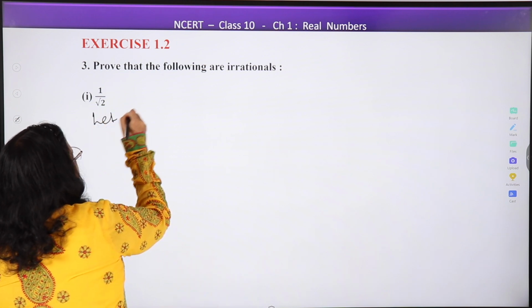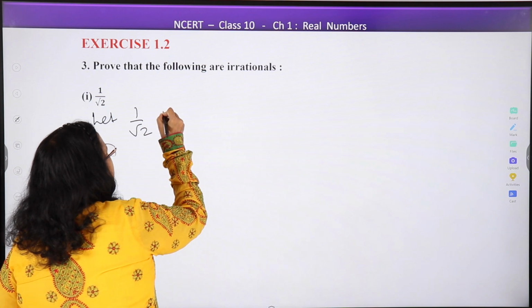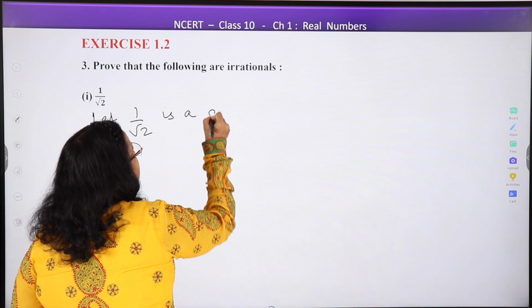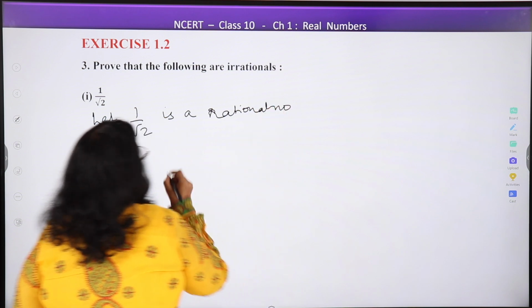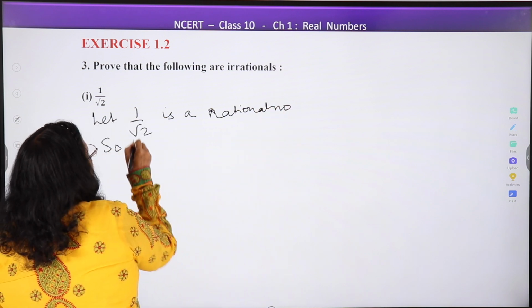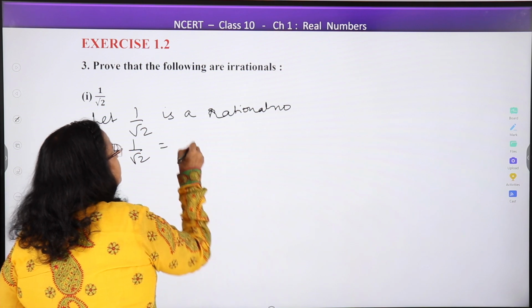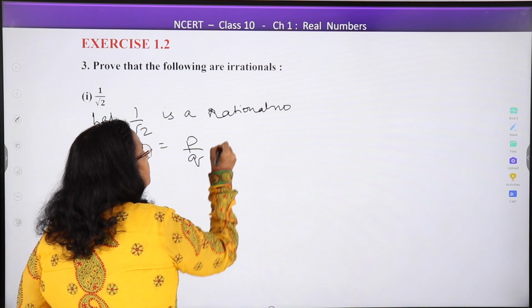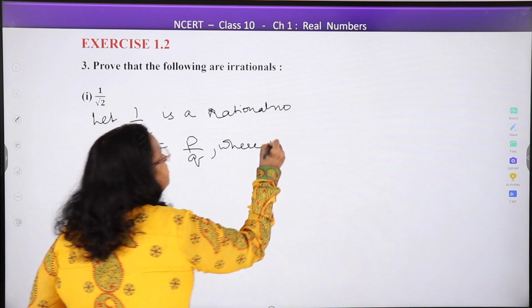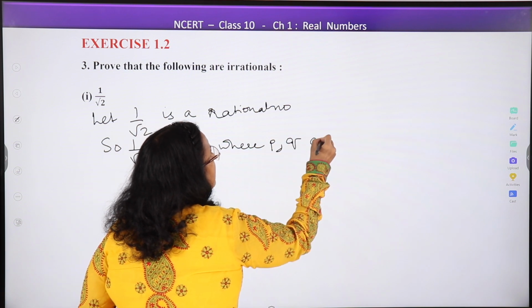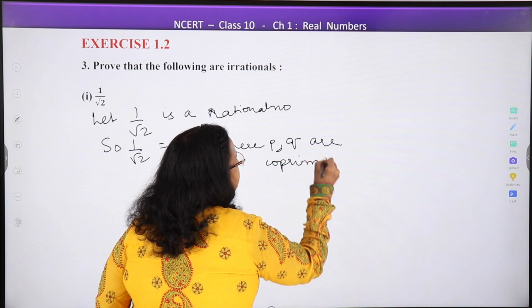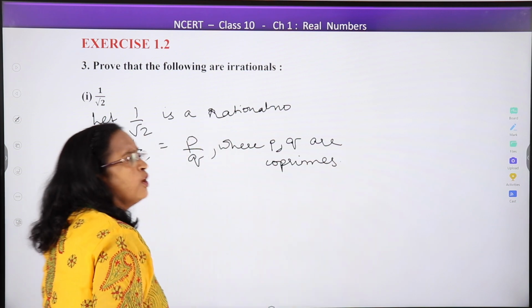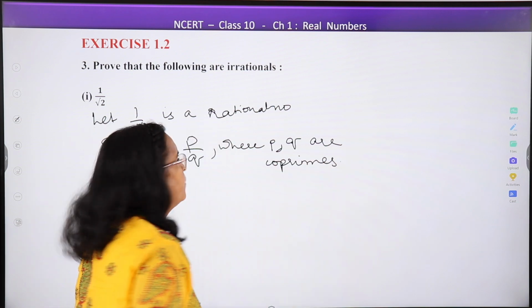Let 1 by root 2 be a rational number. So 1 by root 2 is equal to P by Q, where P, Q are co-primes. Means HCF is 1 or common factor is 1.